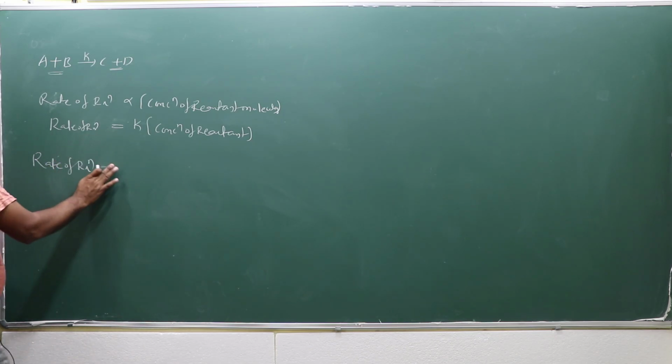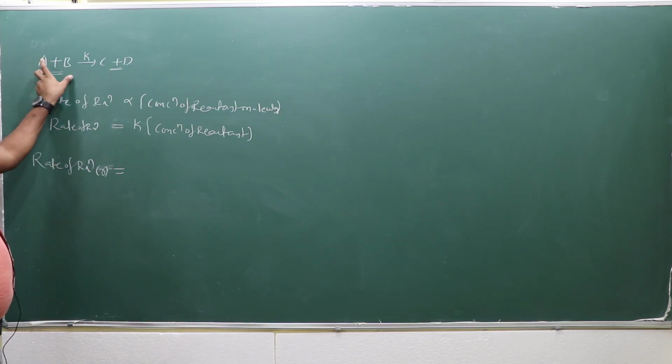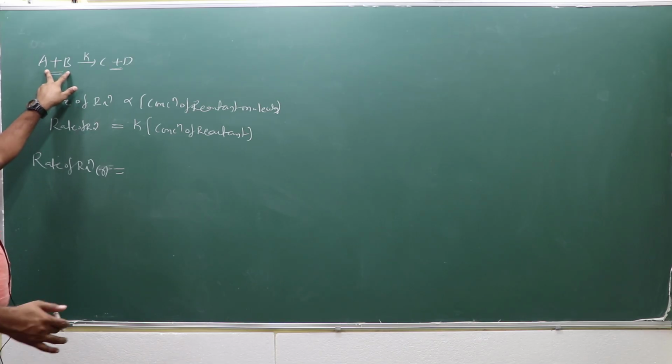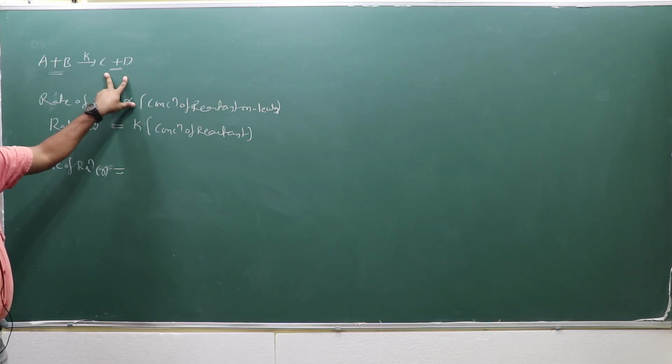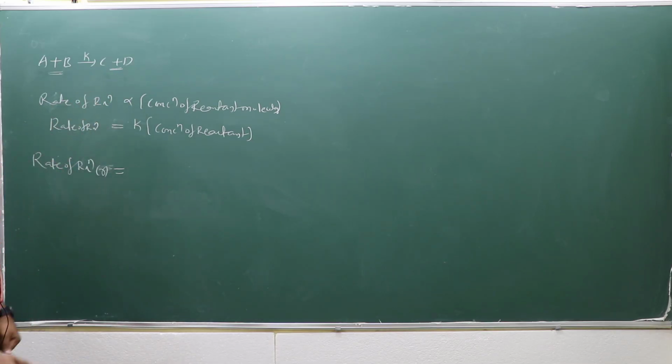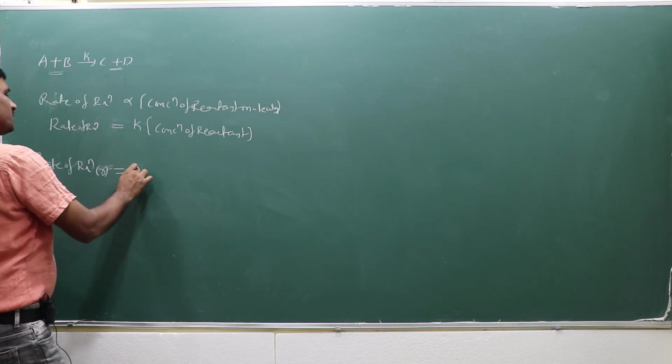While determining the rate during the course of the reaction, the concentration of the reactant molecules decreases and product molecules increase with time t, as we saw earlier.